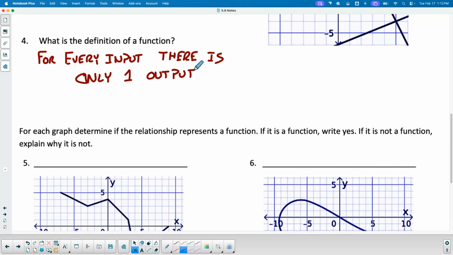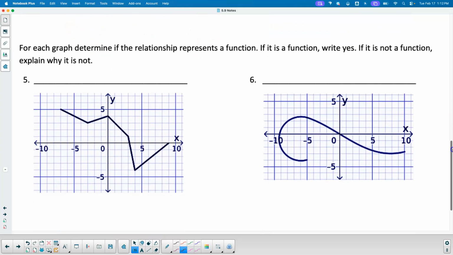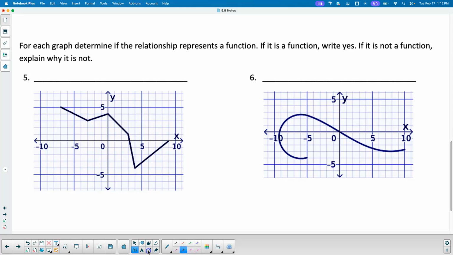So we take a vertical line test. We take a vertical line and slide it across. Now, what can we use for a vertical line? Pretty much anything. You can use the side of your hand, or put your pencil down on your paper and slide it across.